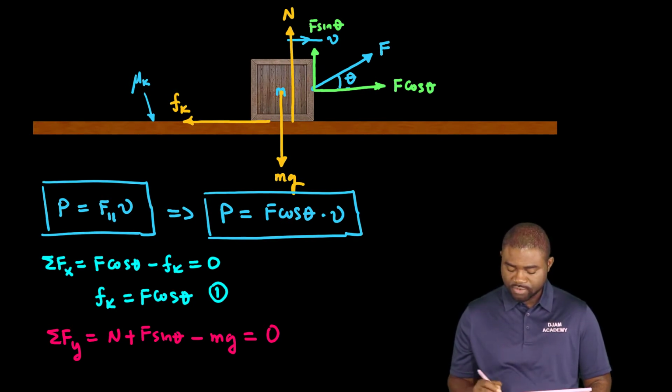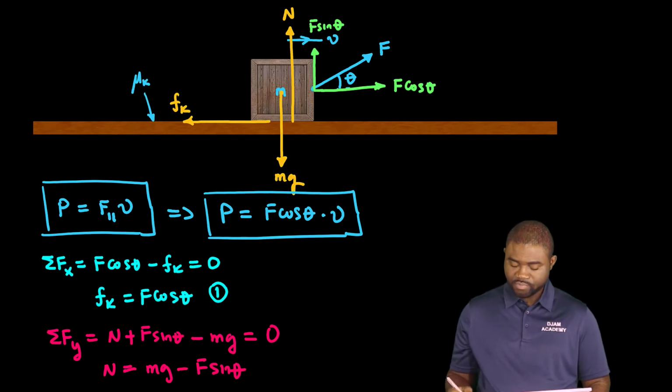What this means is that N will be equal to mg minus F sine theta.